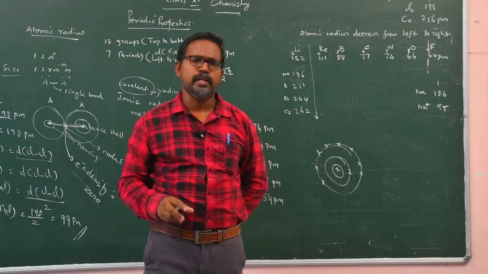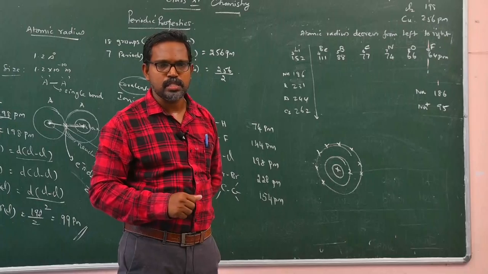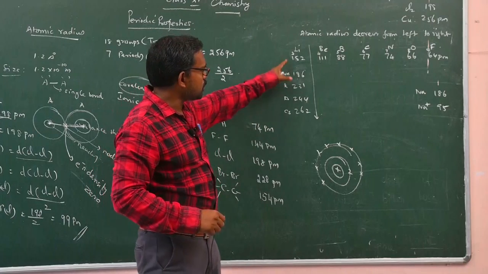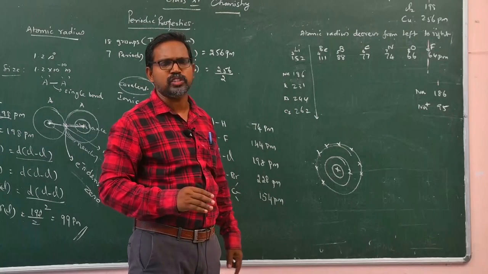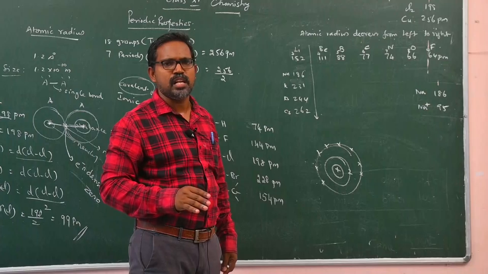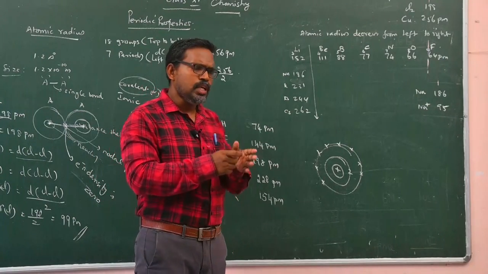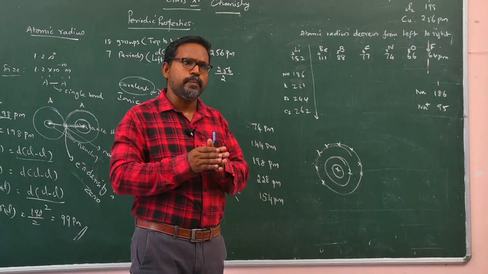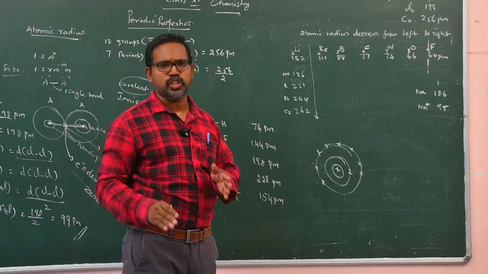Why does the size of an atom increase in a group? The added electrons enter into a higher or new main energy level, so the force of attraction between the nucleus and the valence shell electron decreases.